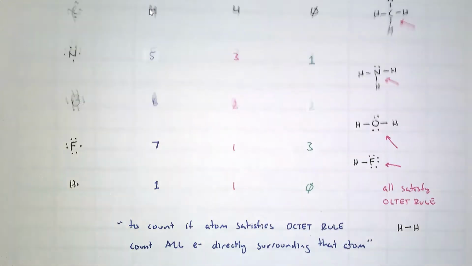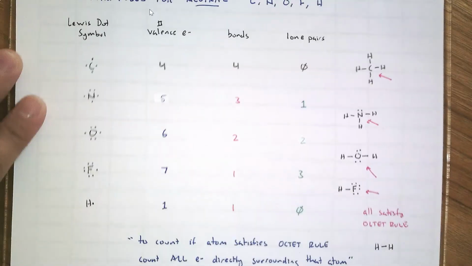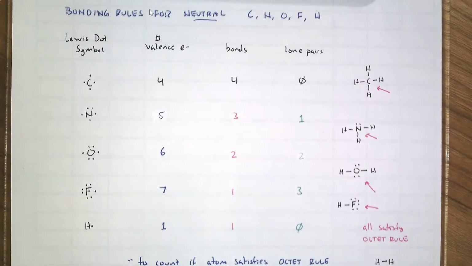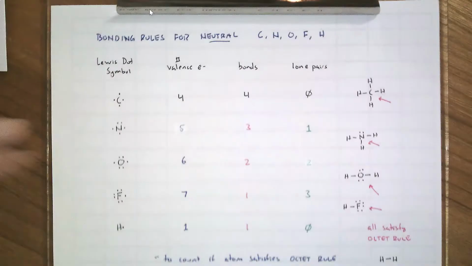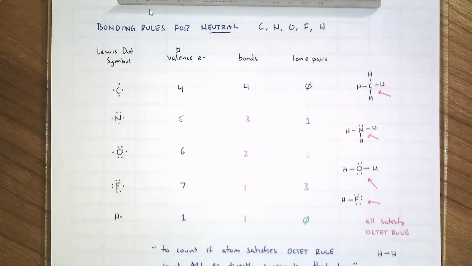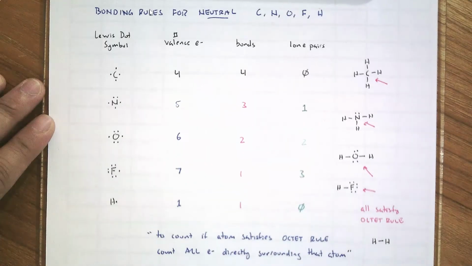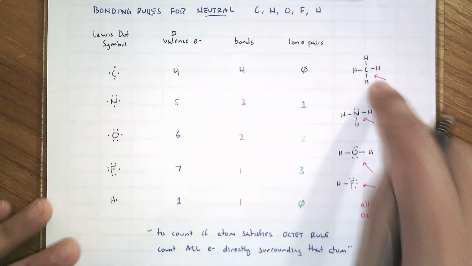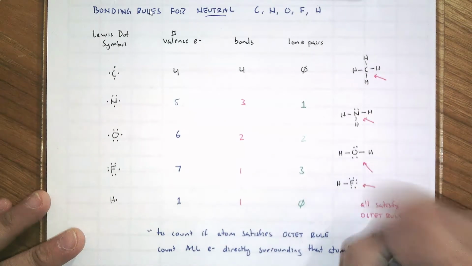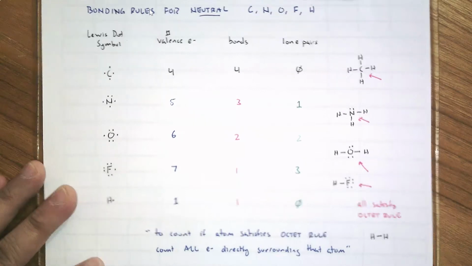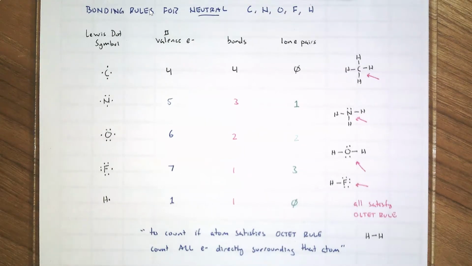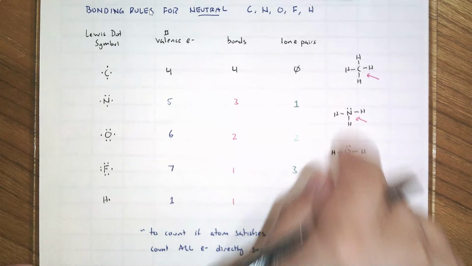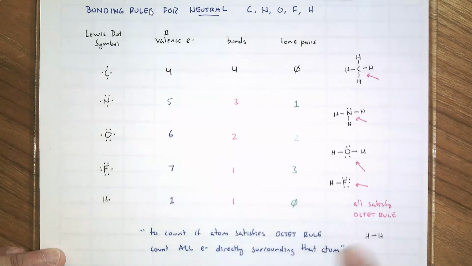Let me zoom out, because that's the table I want you to be comfortable with. You don't really need to memorize this. It will be natural when you start working with molecules that have carbon, nitrogen, oxygen, or fluorine. You're going to make the bonding situation so that each of those atoms satisfies the octet rule.